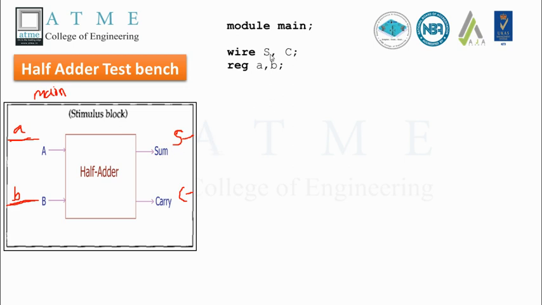So here we have declared them as S and C, whereas two more variables to hold the values for the inputs are of register type, declared as A and B. Keep in mind, if you want to connect any variable to the input ports in the test bench, you have to declare them as registers. Whereas if you want to connect any output ports in the stimulus block or test bench, they have to be declared as wire type. These are the port connection rules.